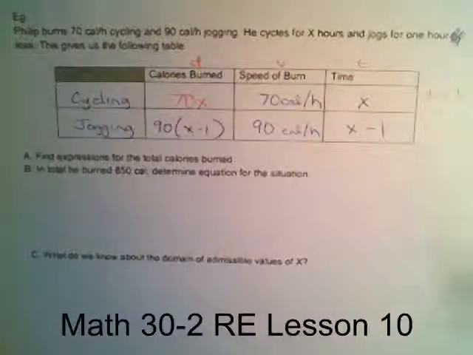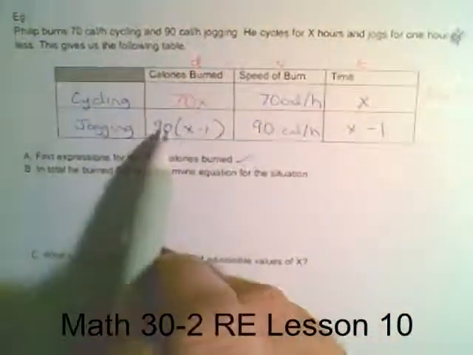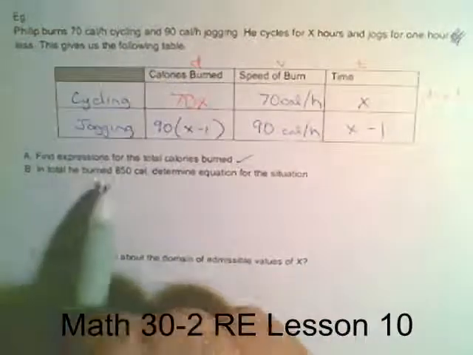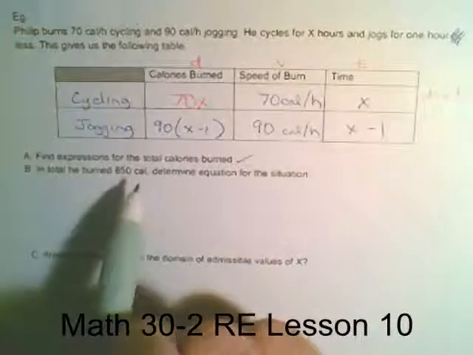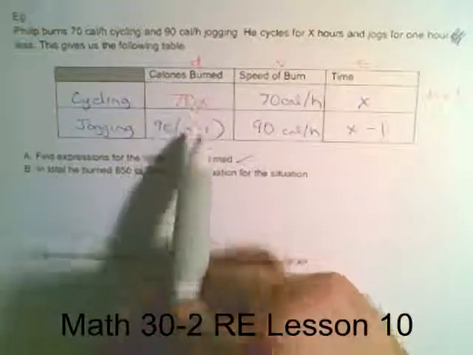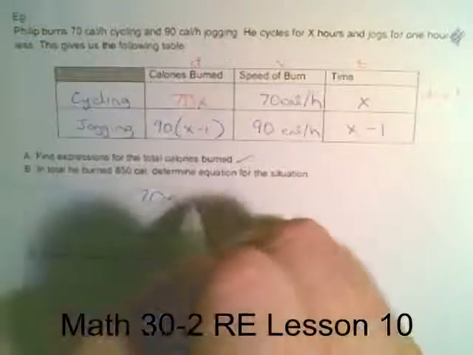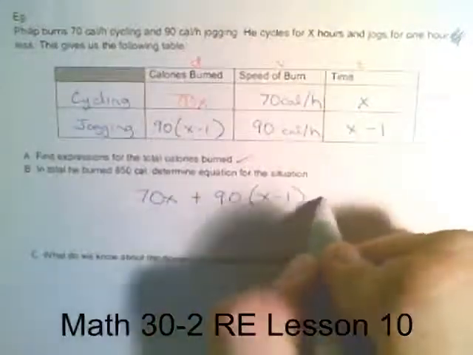How far have you gone? How many calories have you burned? Your speed, how fast you're burning the calories. And the time is time. So distance equals speed times time. I know it doesn't seem like distance, speed, time, but that's what this is.